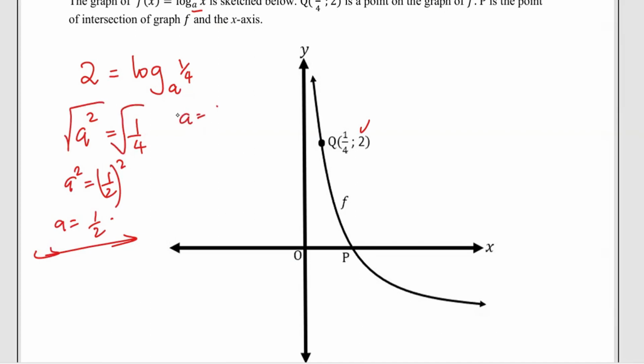Meaning that a can be plus or minus a half. Then I'm taking a to be positive, but it could be otherwise. It could be otherwise, but I'll take it to be positive.